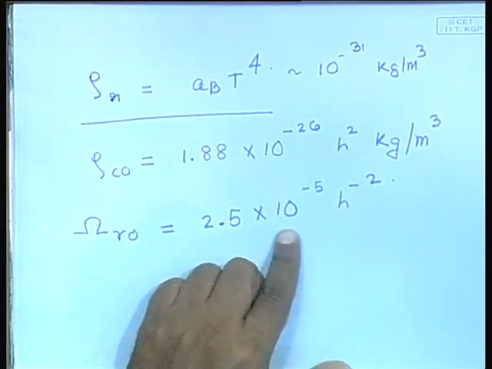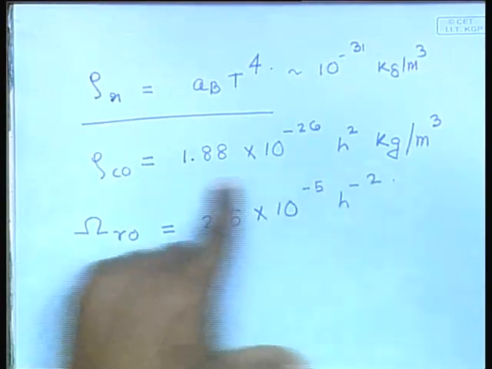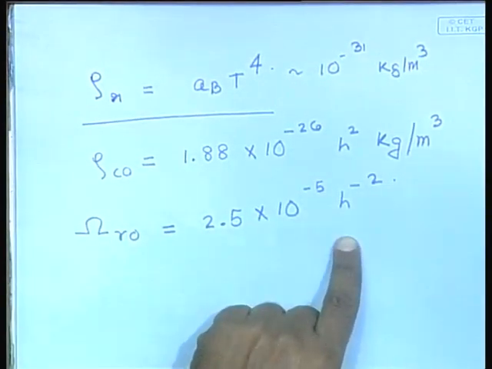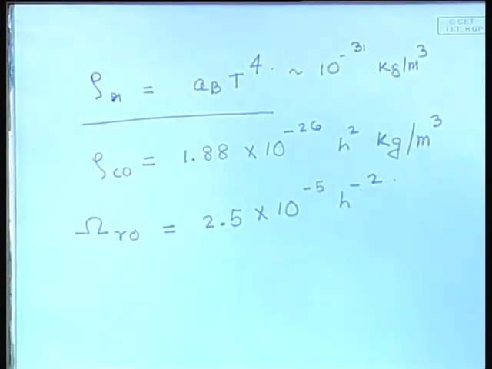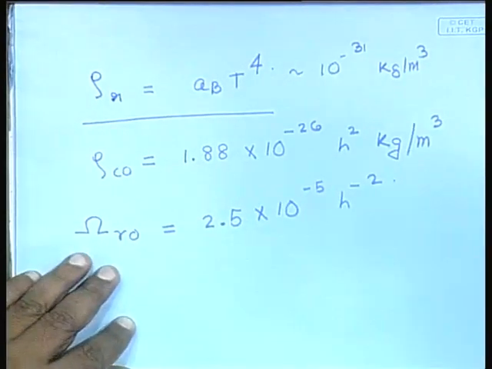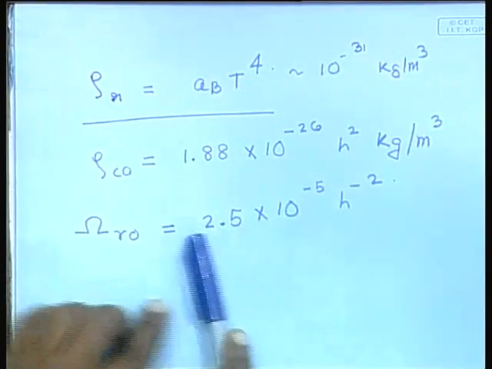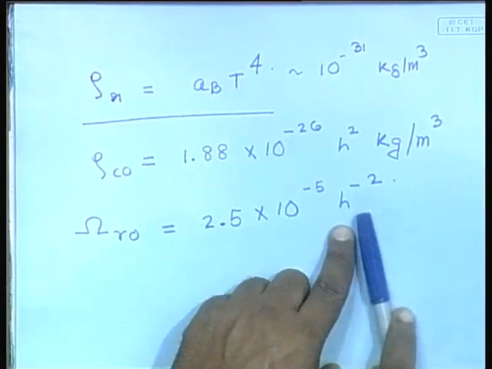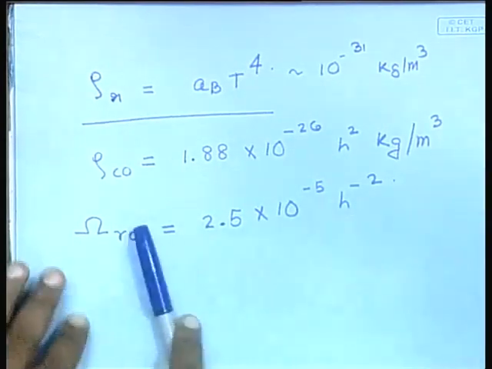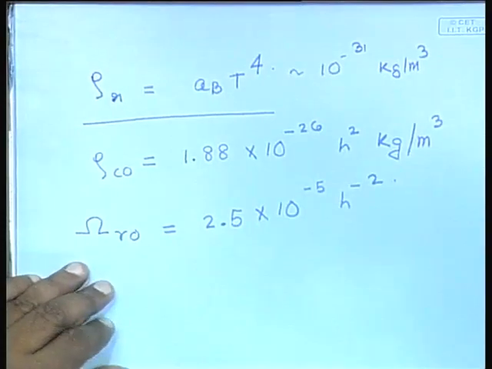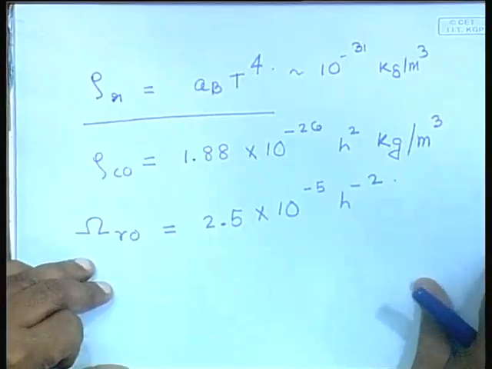So, at present this makes a very minute contribution to the total density of the universe. It is roughly 1 part in 100,000, 10 to the power minus 5. Maybe a little more than that, because we have this factor of h to the power minus 2 and h is less than 1. So, this will be somewhere between 10 to the power minus 5 and 10 to the power minus 4.